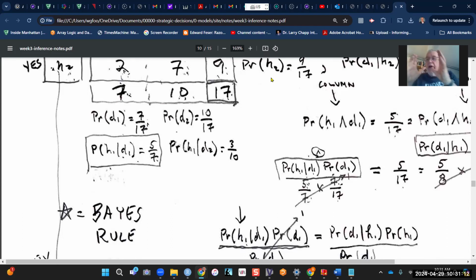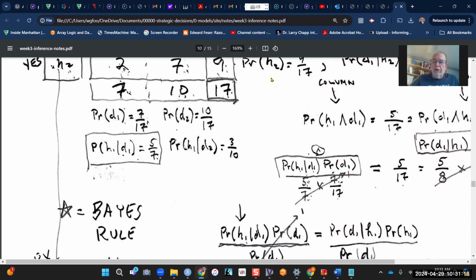But usually we go from the rows inferring the columns in this particular case. That's how we will work this.